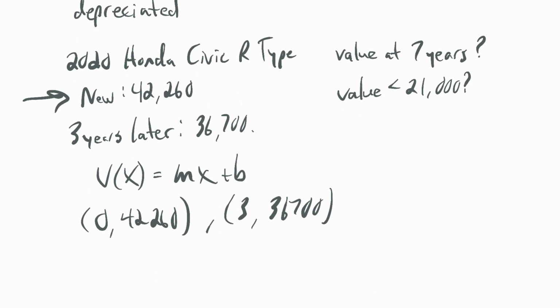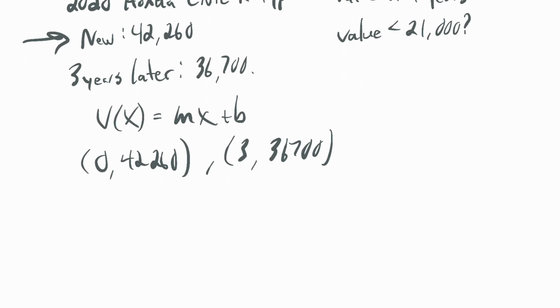Okay. Well, what I can do is say, what's the slope between those 2 points? I can do rise over run. I could do the second value minus the first value over the second time minus the first time.